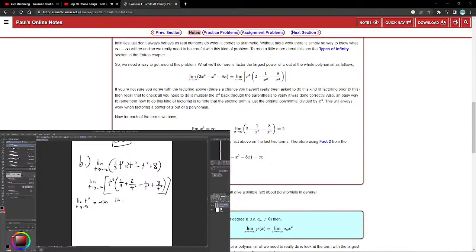Then the limit of 1/3 plus 2 over t squared minus 1 over t cubed plus 8 over t to the power of 5. This approaches 0. This approaches 0. This approaches 0. Oh wait, as t approaches negative infinity. So this equals 1/3. Negative infinity times 1/3 is negative infinity.